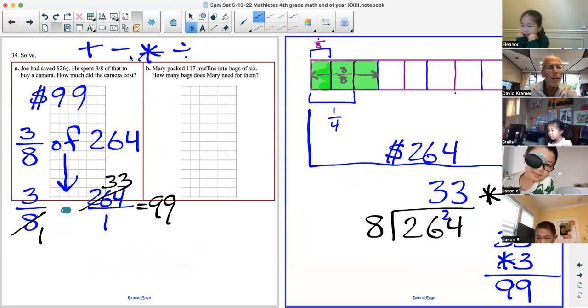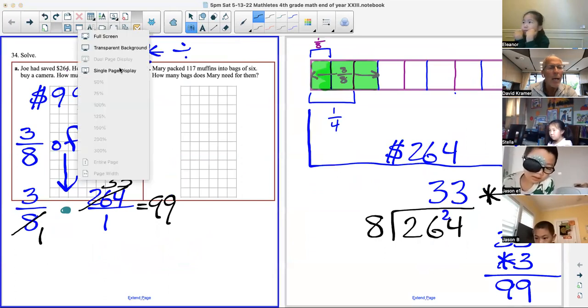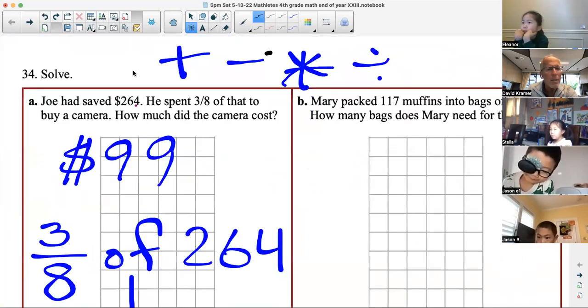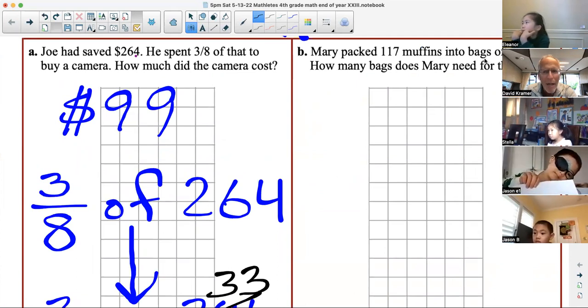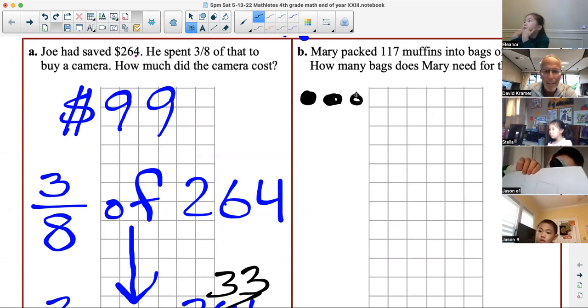Okay, stay with it. And okay, now let's look at this problem here. Mary packed 117 muffins in bags of 6. So that means that each bag had 6 muffins.